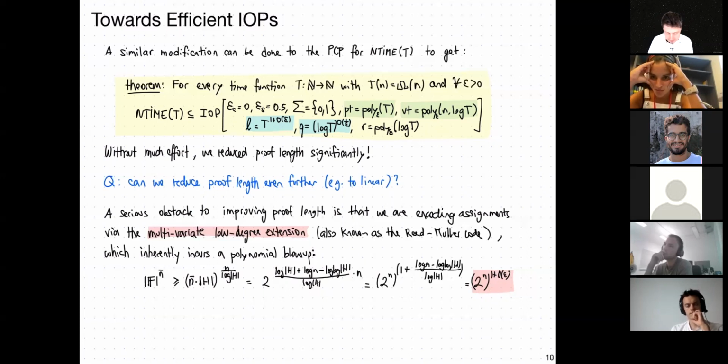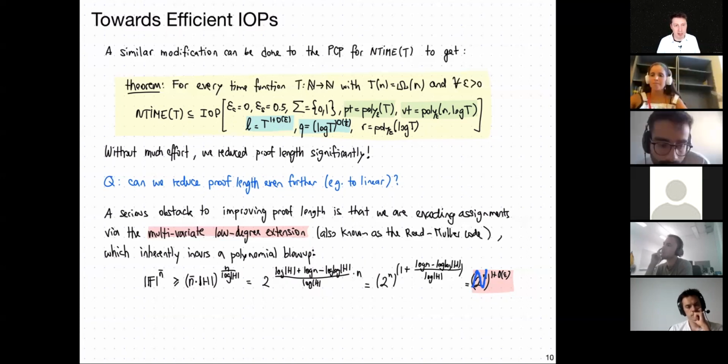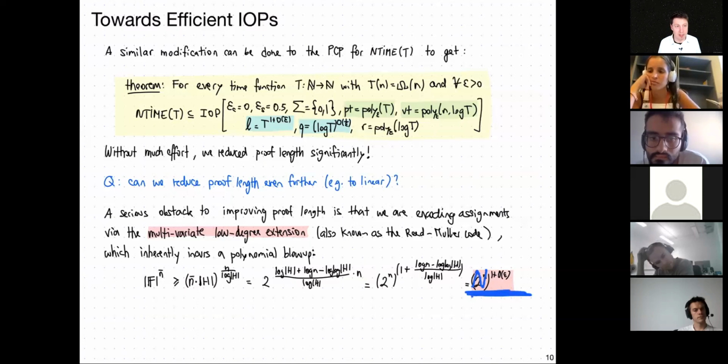So think about this capital N, and little n is like log of capital N. So no matter what we do, if we use low-degree extensions, and the only thing we do is to write down a low-degree extension over some large enough field to support sum check, we'll always be stuck with this 1 plus epsilon overhead. So we have to move to some other, different encoding.